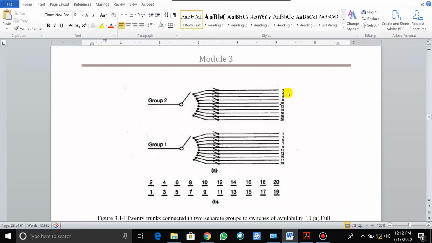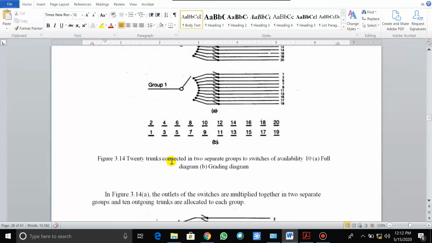Here 2, 4, 6, 8, 10, all are even. Here 1, 3, 5, 7, 9, all are odd. Again you can see these are even and these are odd. So 20 trunks are connected in two separate groups of switches with availability of 10. So this is the diagram.